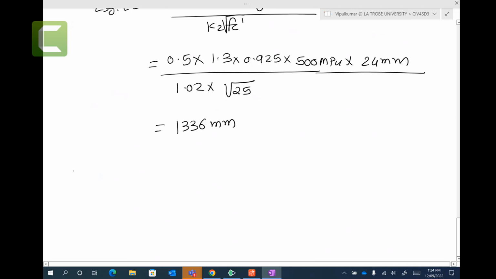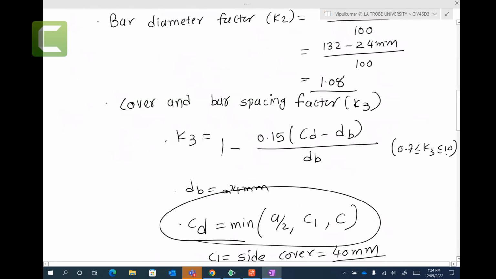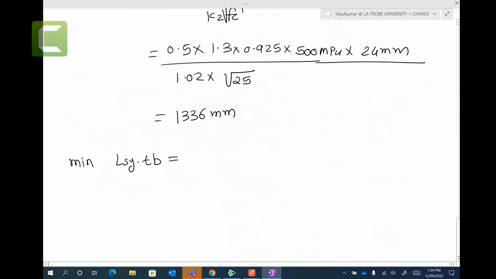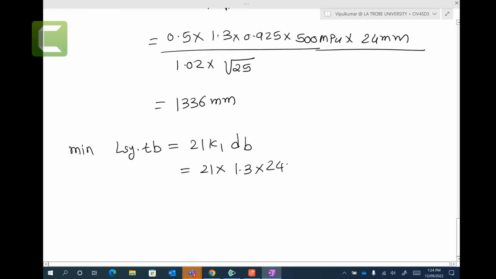And minimum LSYTB equal to 0.058. I think, by the way, that 0.058 is just 29 K1 dB. 29 K1 dB. I think K1 we got 1.3. dB is 24 millimeters. So in that case we will get 904.8.